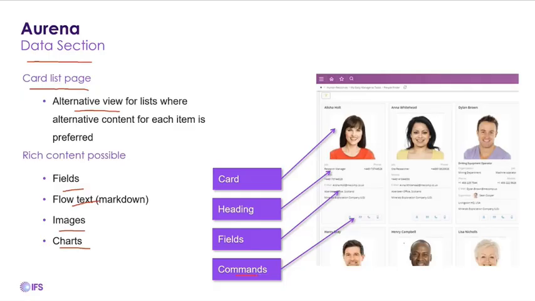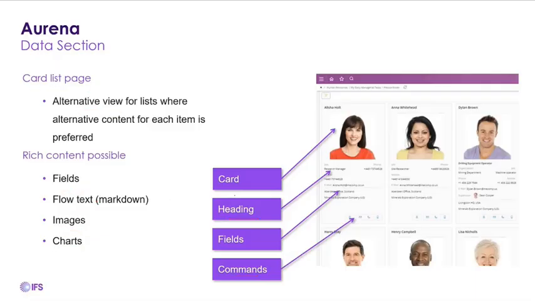So this is also something that is introduced in order to improve the attractiveness of our application, right? We can improve the attractiveness by adding these different data sections. So card is one of them. And if you want, we can have a heading for that as well. That's not a problem. Card, heading, fields, commands, those kinds of things we can add with cards.